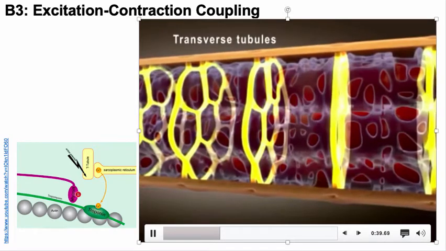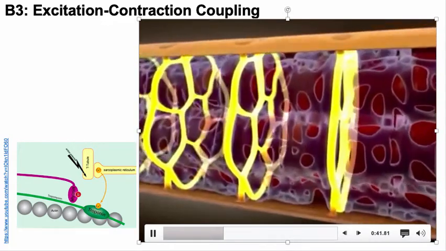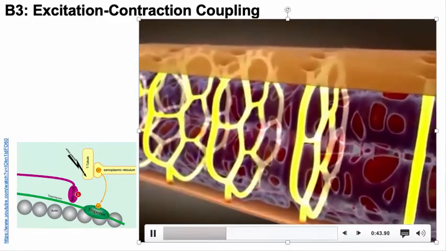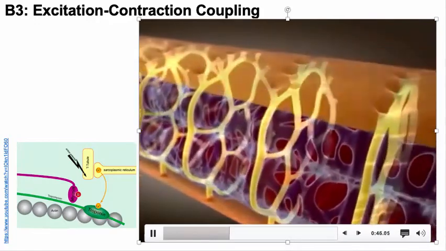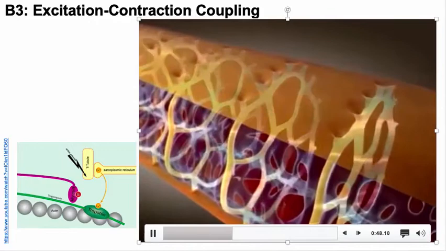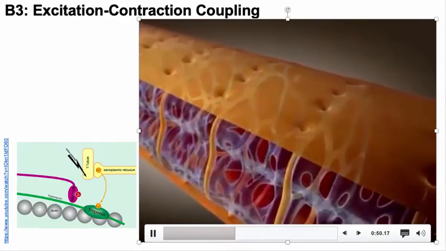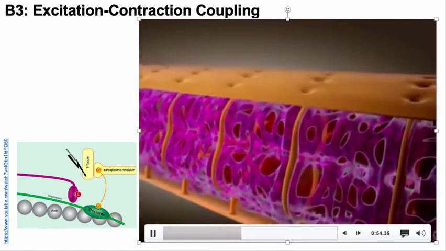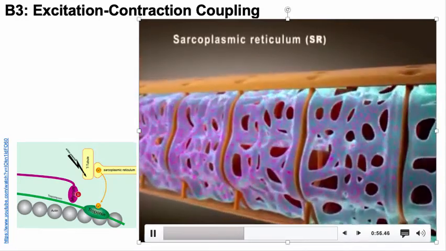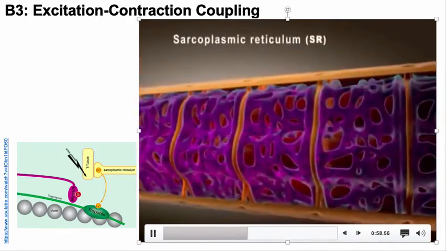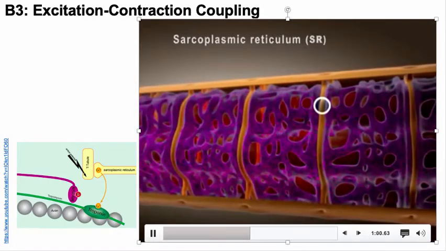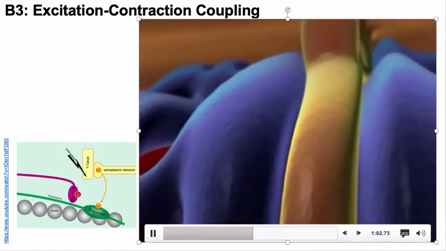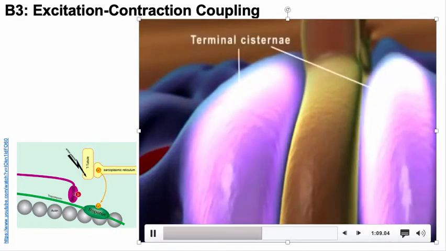Transverse, or T-tubules, are regularly spaced enfoldings of the sarcolemma that branch extensively throughout the muscle fiber. At numerous junctions, the T-tubules make contact with a calcium-storing membranous network known as the sarcoplasmic reticulum, or SR. Where it abuts the T-tubule, the SR forms sac-like bulges called terminal cisternae.